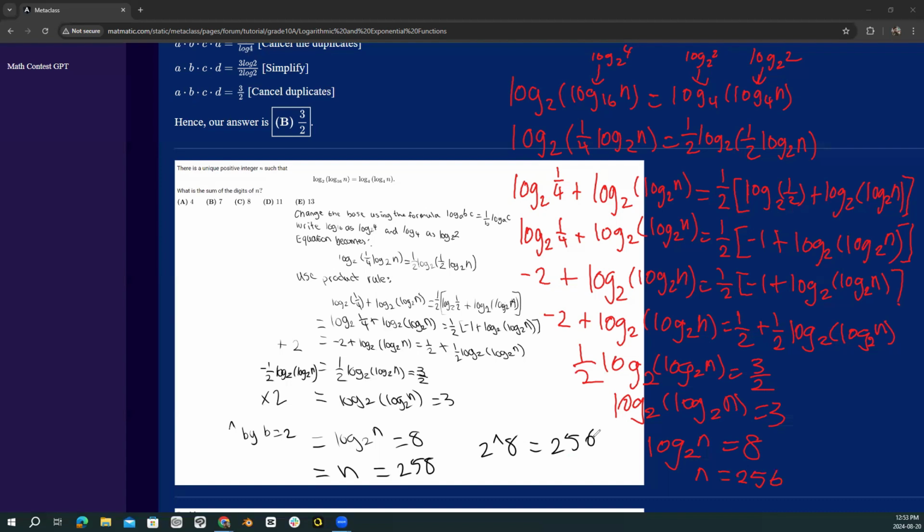Now we can add the digits of these together, which is 2 plus 5 plus 6, which gives us 13.